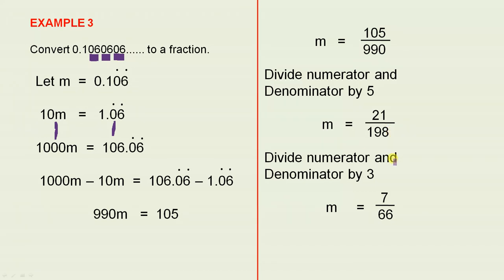Divide numerator and denominator by 3, which gives us m equals 7 over 66. So believe it or not, this recurring decimal here, that one there, is actually equal to 7 over 66.